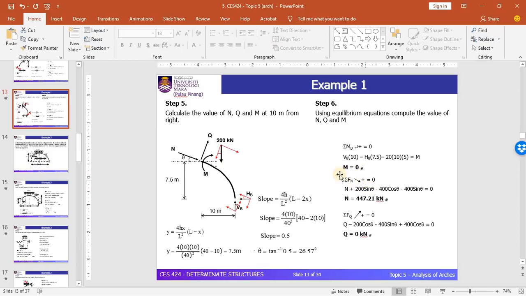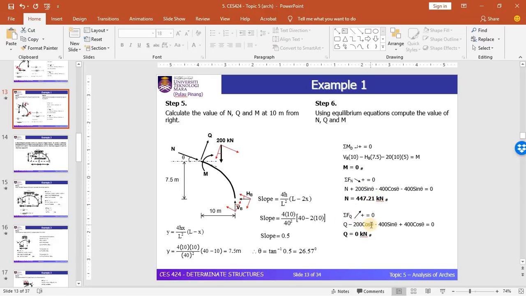For the axial force, this is the positive direction, and in this direction we have 200 sine theta, parallel with the internal axial force, which is positive. In these directions we have components opposite from the axial force, which give negative 400 cos theta, and for the vertical component we have negative 400 sin theta. The value of the axial force at this point is equal to 447.21 kilonewton.